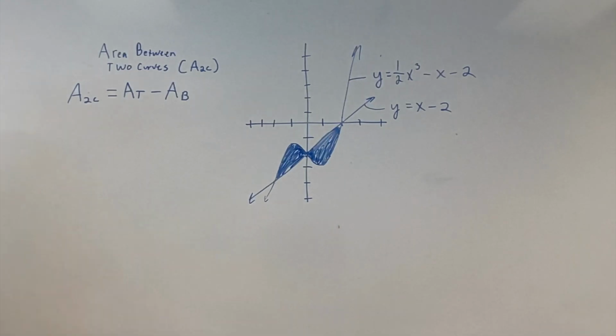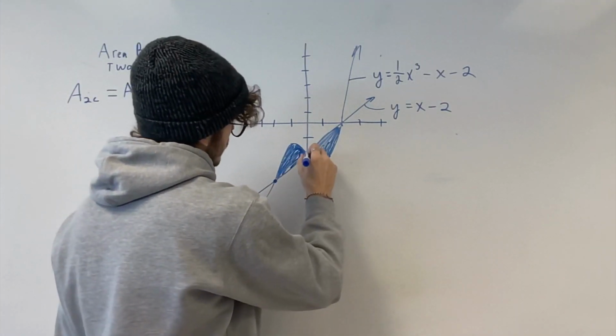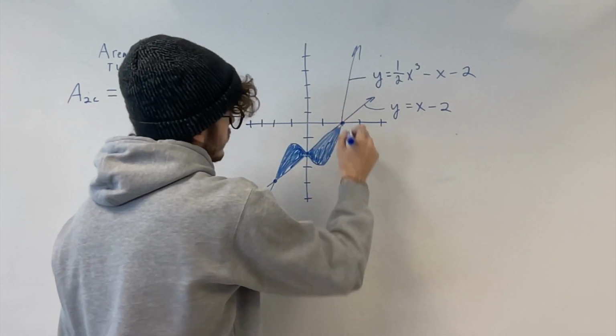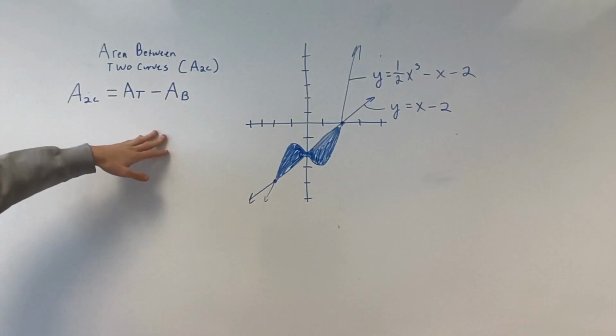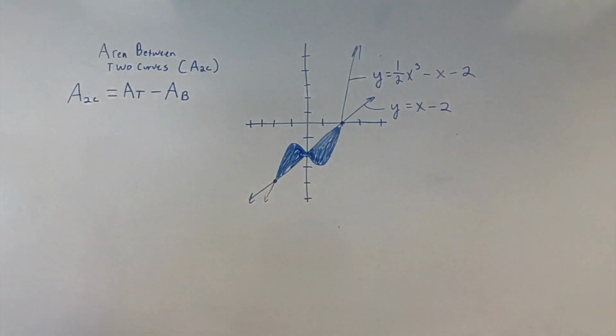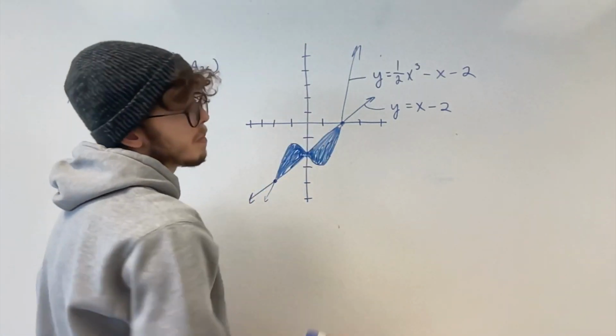How can we find this using integrals? Well, we first have to define the intersection points. We know there are two regions where the top function flips to being the bottom function. So we can split this up into two integrals.